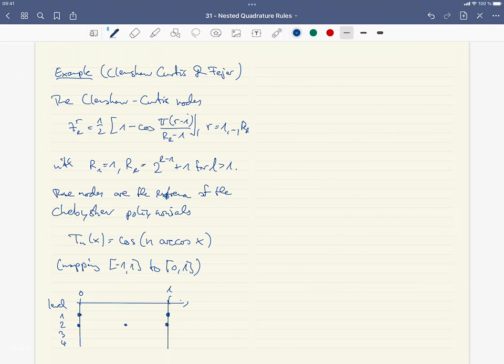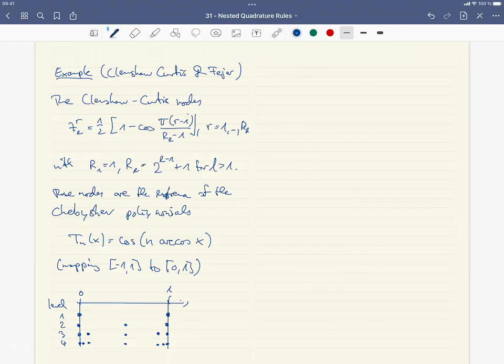The point in the middle comes into play, and at level 3 it starts to be a little bit different. Compared to the composite trapezoidal rule, the point is not in the middle anymore, but close to the boundary point. At level 4, I have this, and I fill closer to the boundary. So this is roughly how the Clenshaw-Curtis rules look.